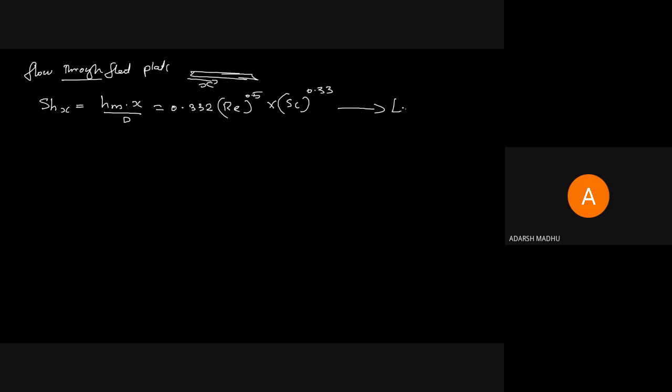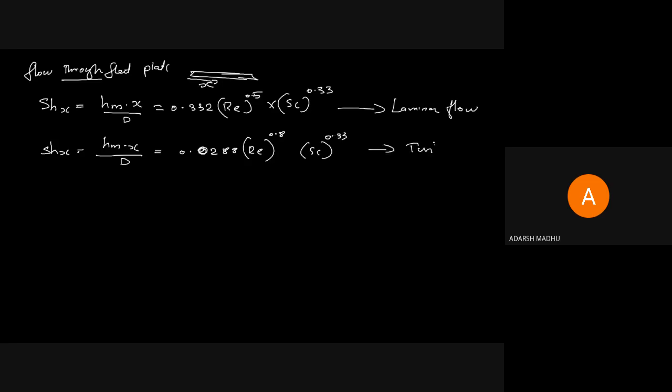It is for laminar flow. Okay, write down the equation. And SHX equal to HM into X by D equal to 0.0288 RE raised to 0.8 and SC raised to 0.33 when the flow is turbulent.